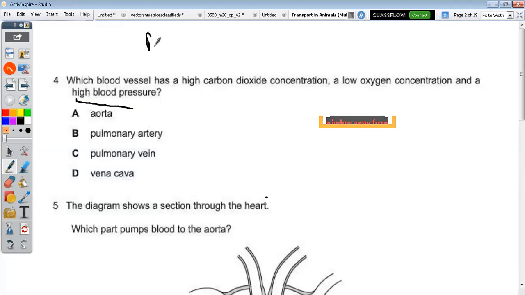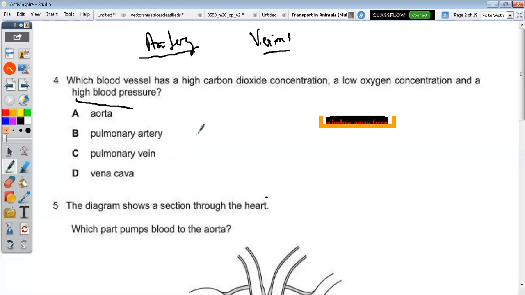What did you say about the difference between artery and veins in terms of blood pressure? Who remembers? Arteries and veins. Which one is blood pumped under high pressure?